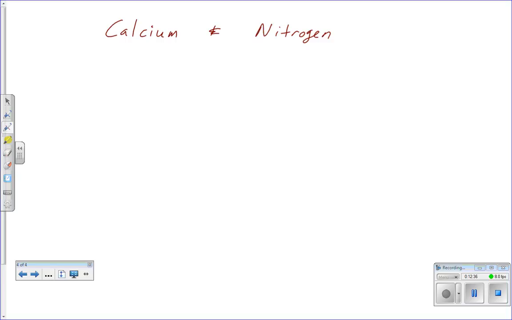Okay? We can write the symbol for calcium with the charge that it would have. Calcium's in group 2, so it would be a plus 2. Then we write the symbol for nitrogen with the charge that it would have. It's in group 5, so it would be a negative 3. Then we do what we call the crisscross method.